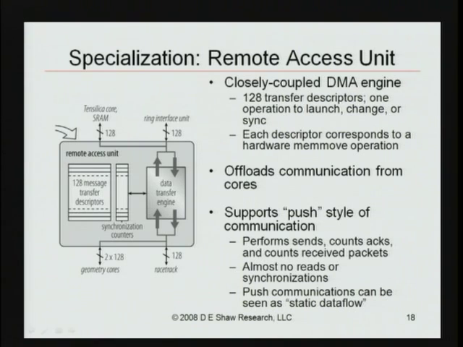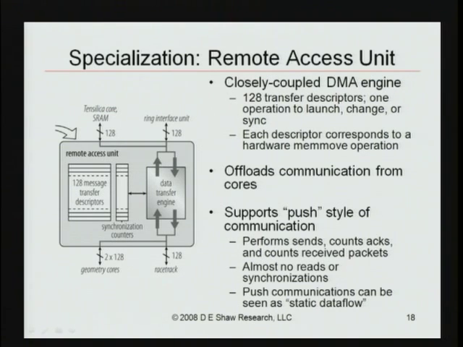So the remote access unit is a closely coupled DMA engine that offloads communication and supports up to 128 parallel threads for moving data about particles between nodes. The interesting thing about it is that all communication in Anton is not request-reply sort of communication, but a push style of communication.